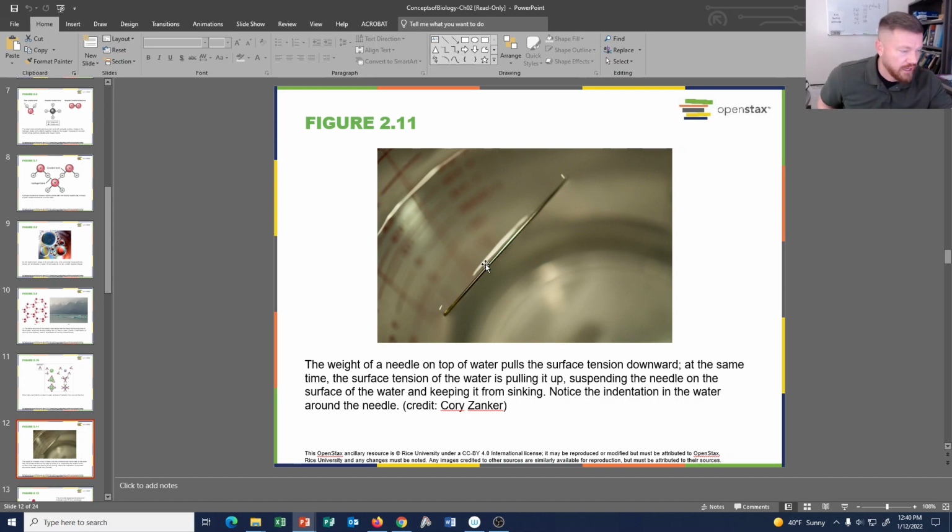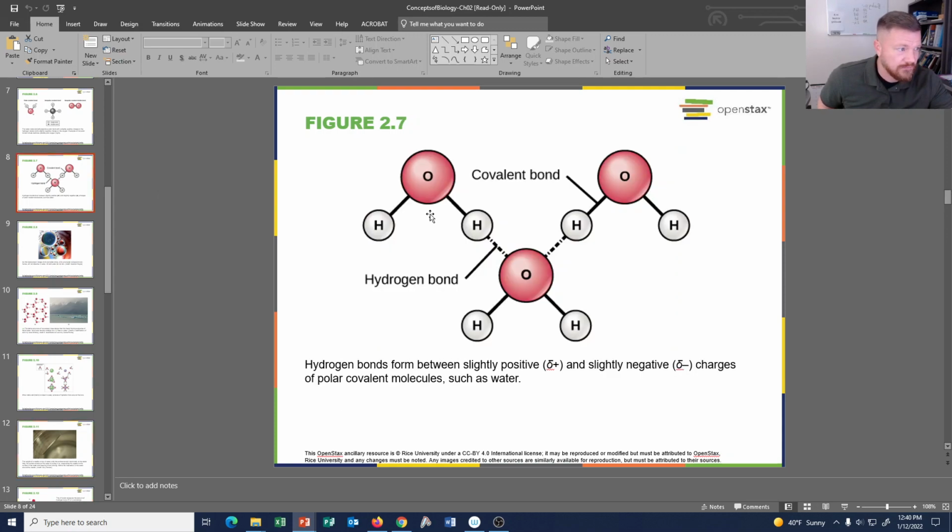The reason is the surface tension created in water, which is really just the attraction of water molecules to each other. The water wants to stick together, and that force is great enough that things that sit on top of it, if they're not too heavy, don't break those bonds, and so it can just rest right on top.